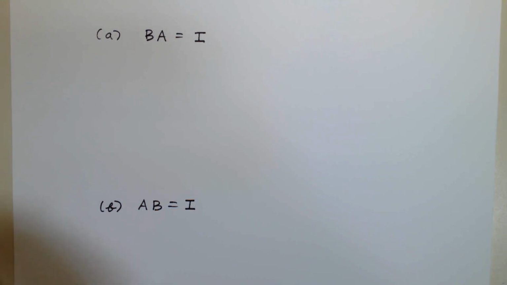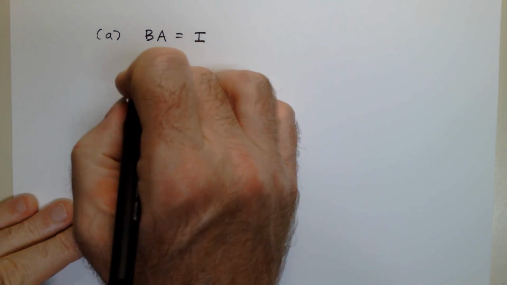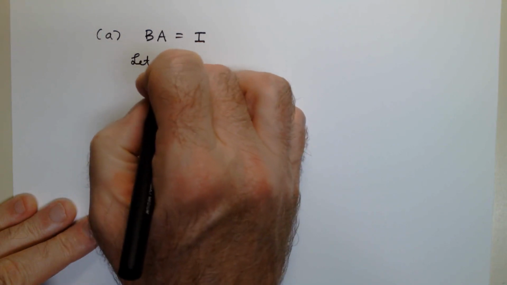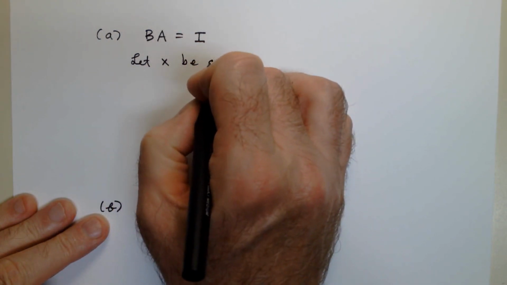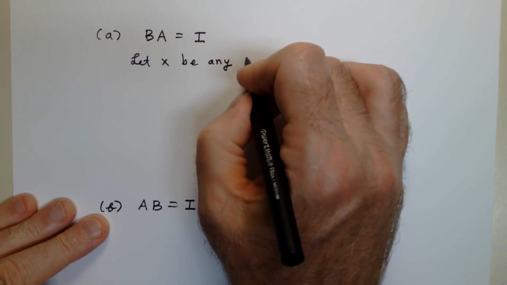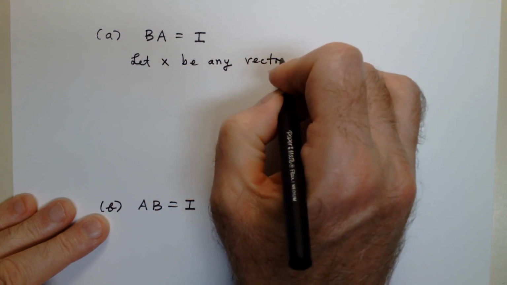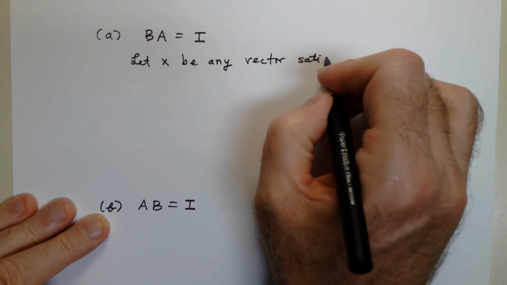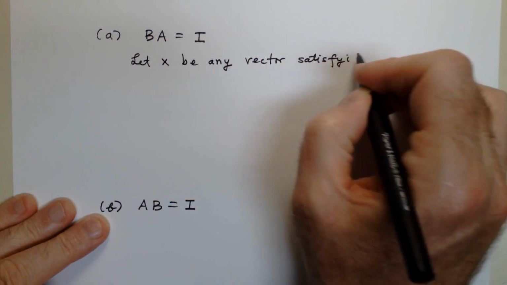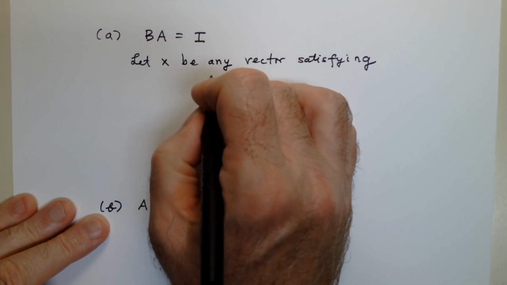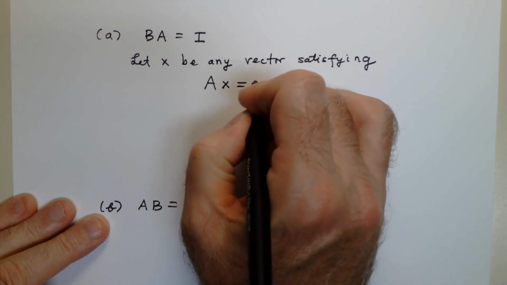What we want to do is imagine looking at any possible solution to a homogeneous equation. So I want to let x be any vector satisfying the homogeneous equation Ax equals 0.